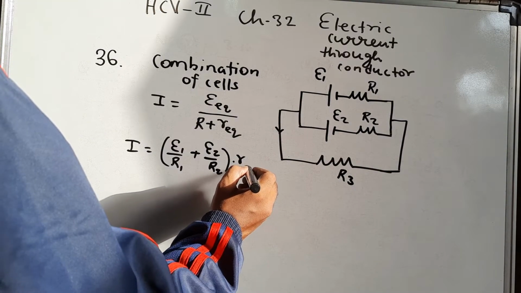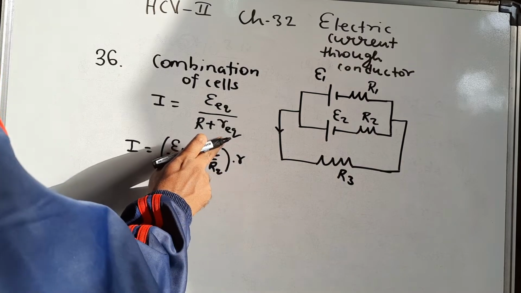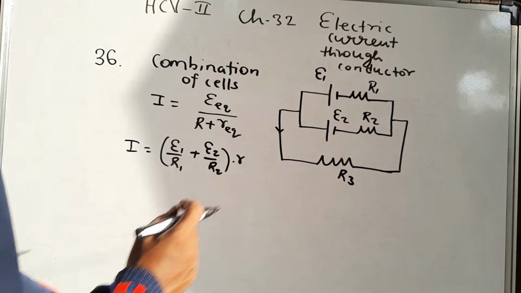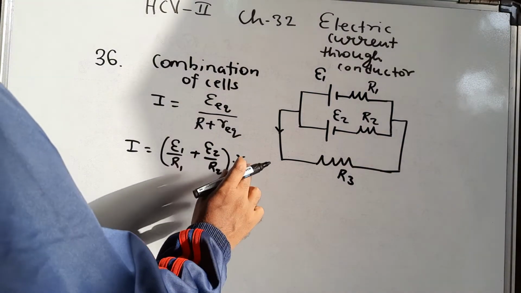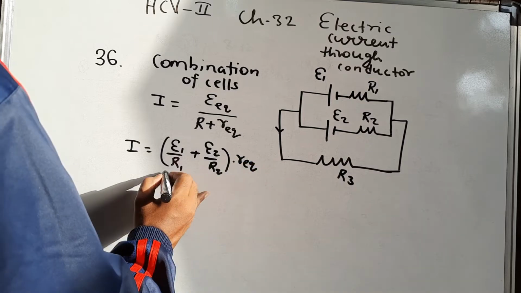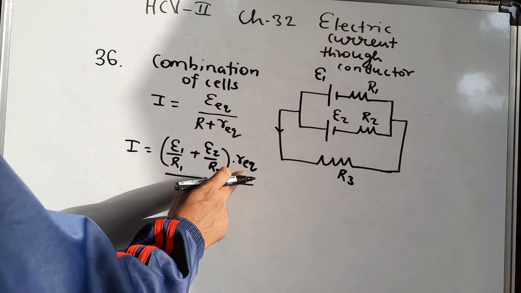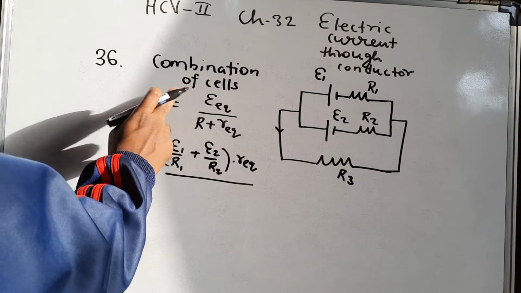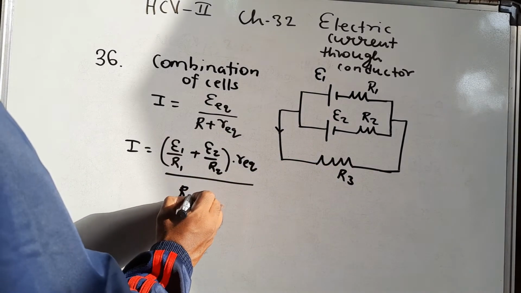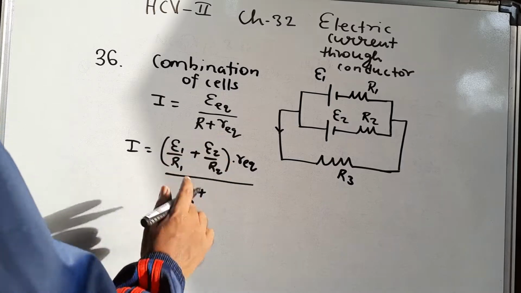This REQ is the effective internal resistance of this parallel combination. So REQ I can write later on, but this into this is EEQ upon the external resistance R3 plus REQ.